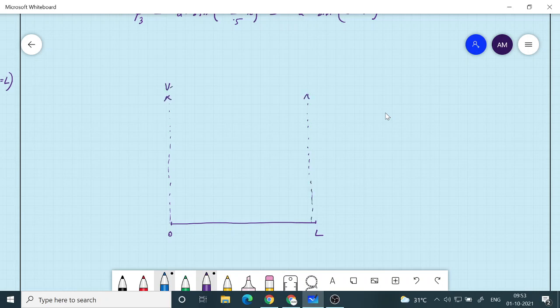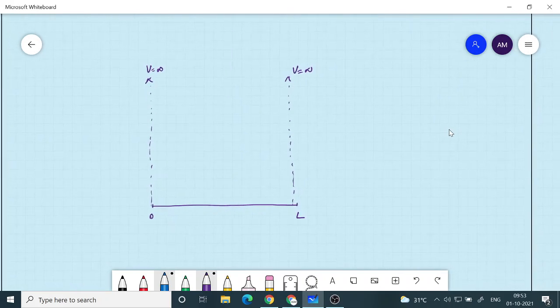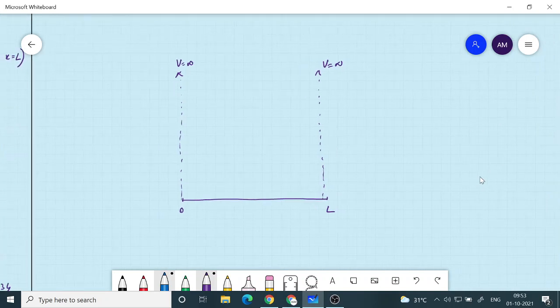V is equal to infinity on both sides. Now the energies, let me just plot the energies. Let me just show the energies.